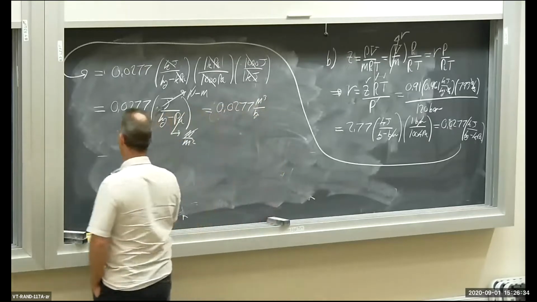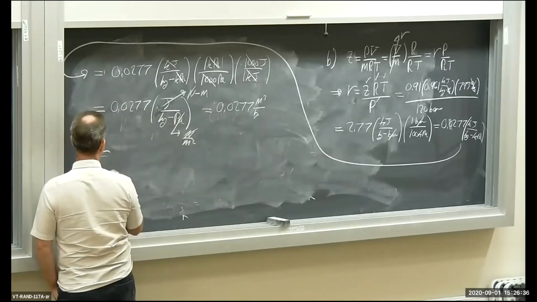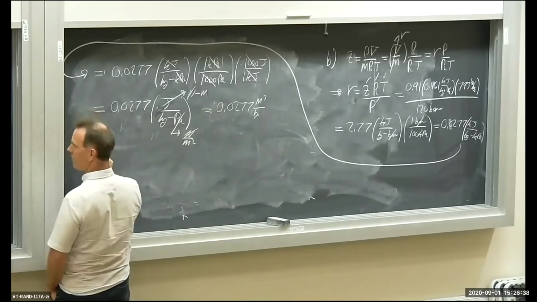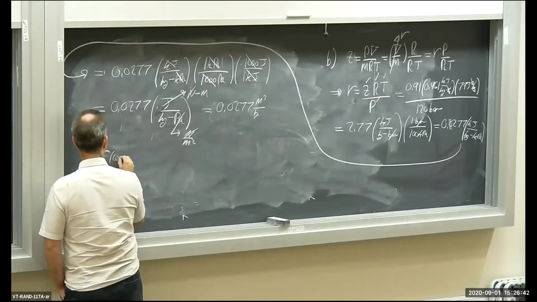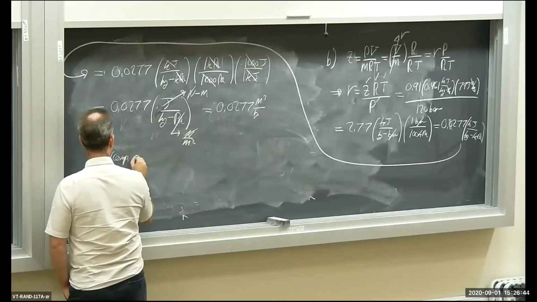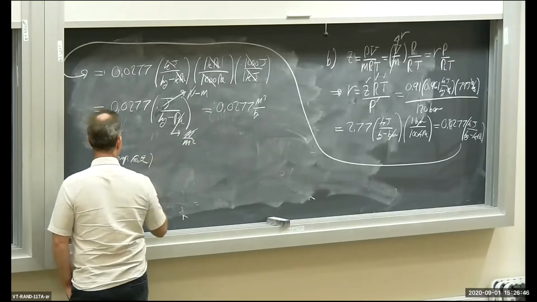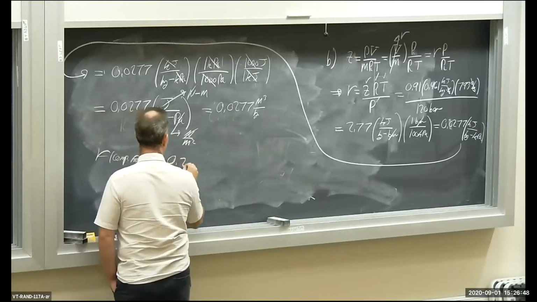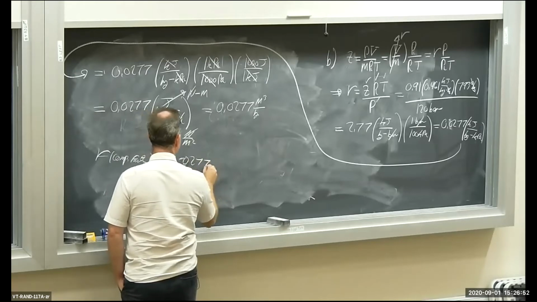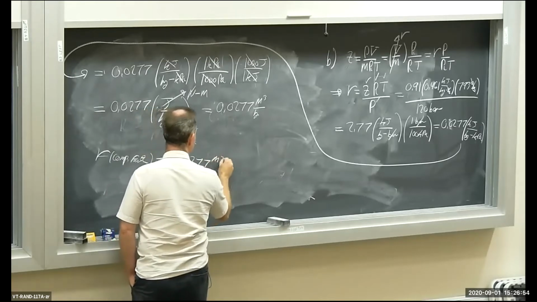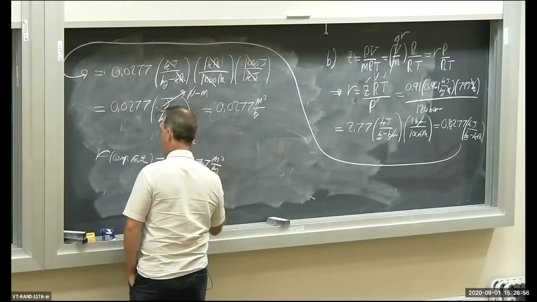In other words, specific volume using the compressibility factor. So I'll say compressibility factor is equal to 0.0277 cubic meters per kilogram.